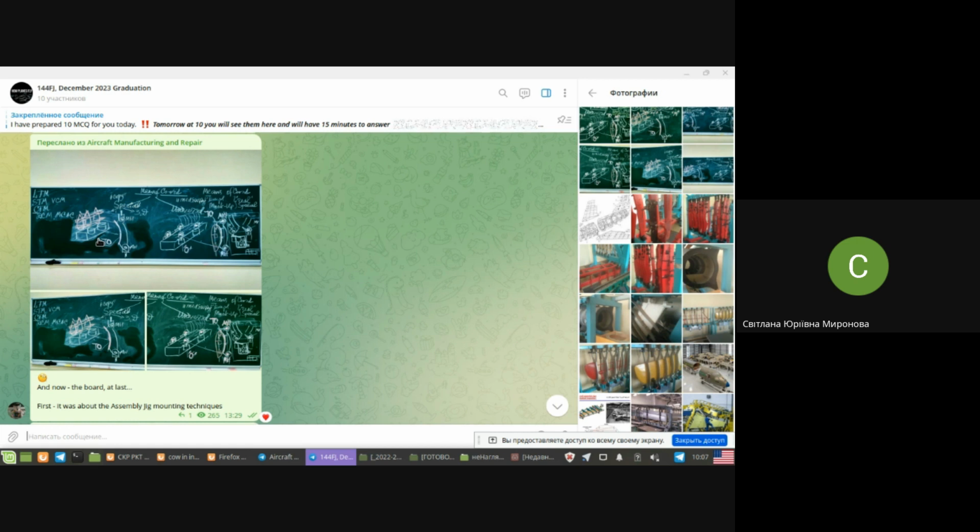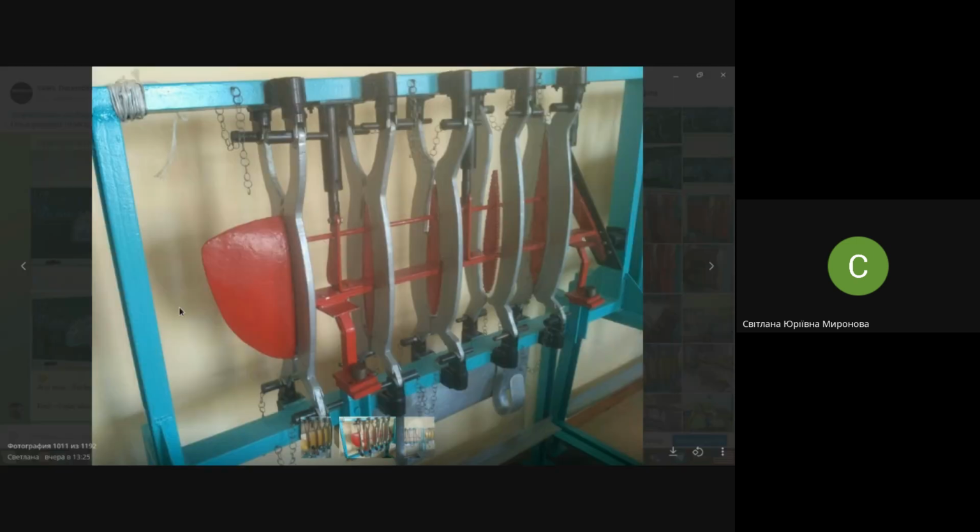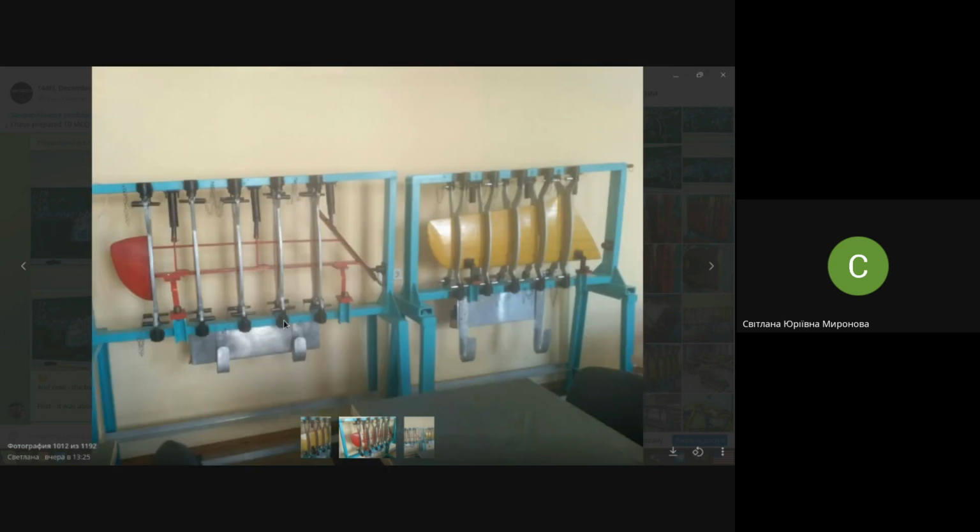Because you need to save those things, what is the red thing, especially this yellow thing. Standard mock-ups of surfaces, of edges, are saved in special conditions, special temperature, special moisture, and so on.